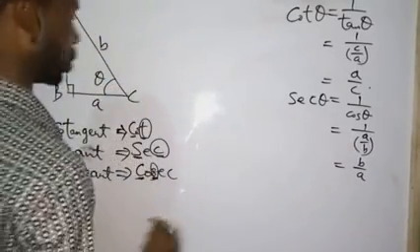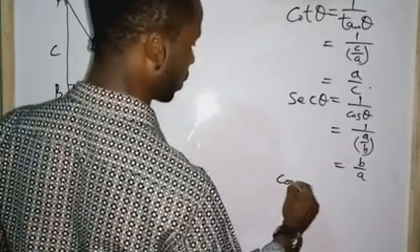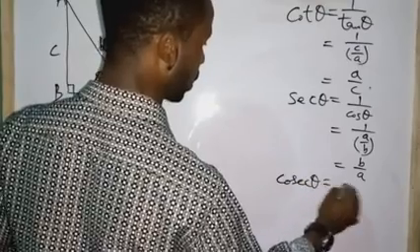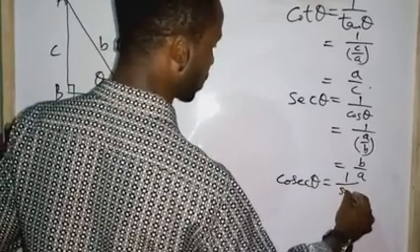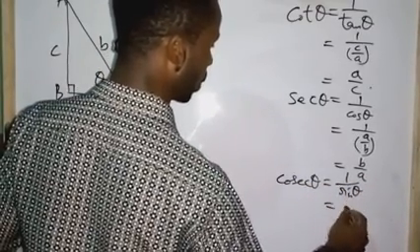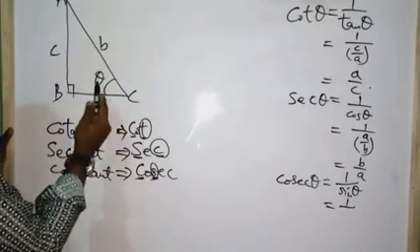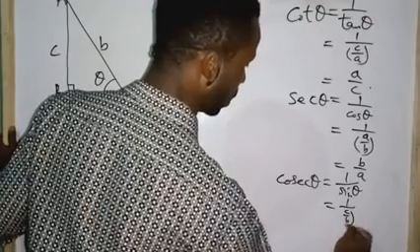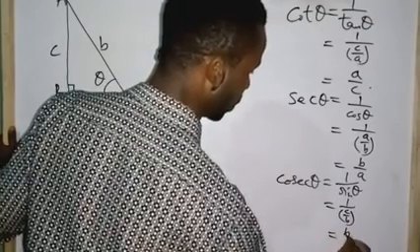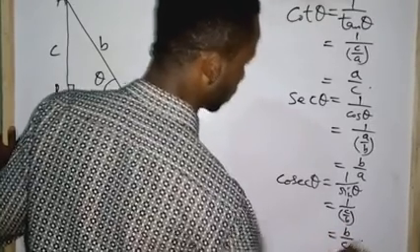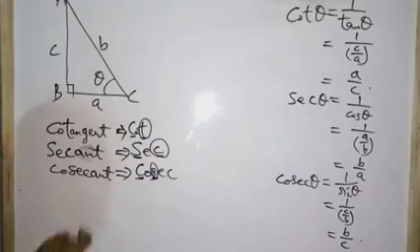Then the last one, cosec theta is 1 over sine theta, which happens to be, what is sine theta in this case? Sine theta is c over b, and that will give you b over c. Take note of all that.